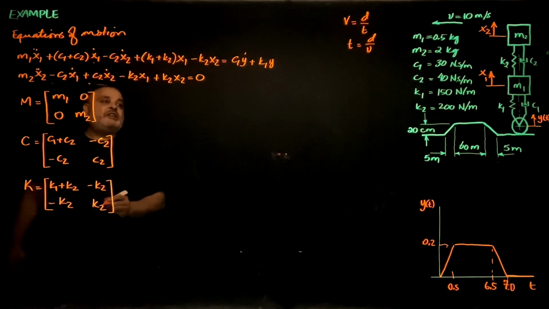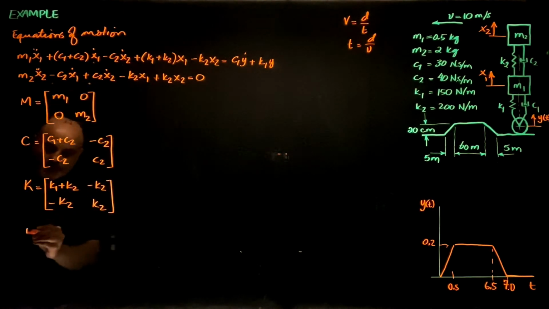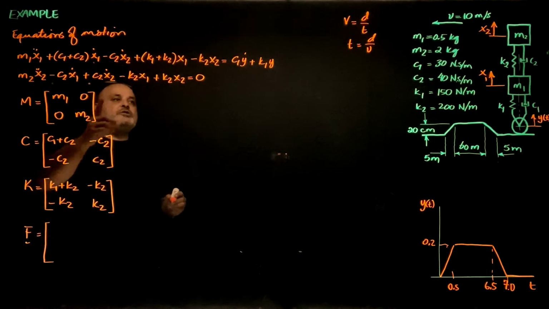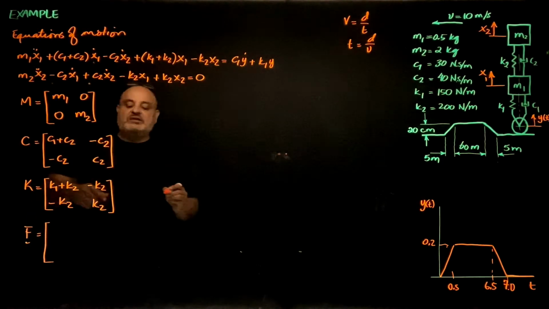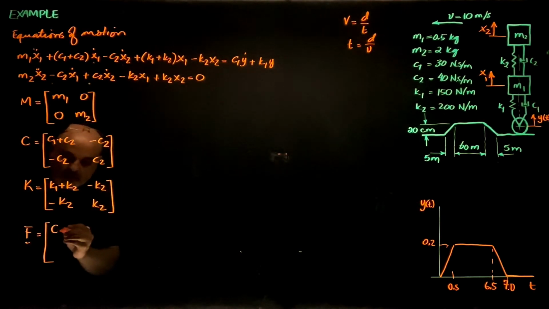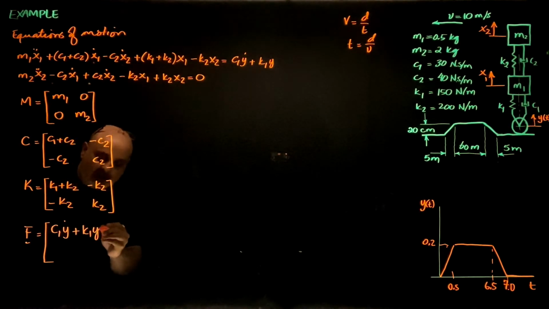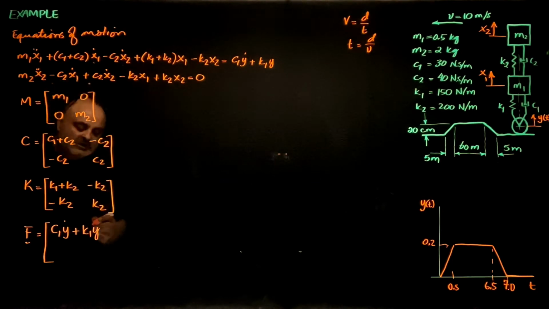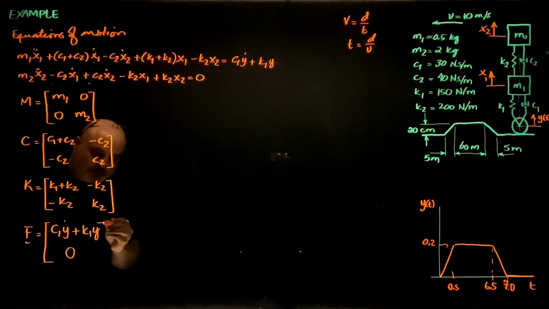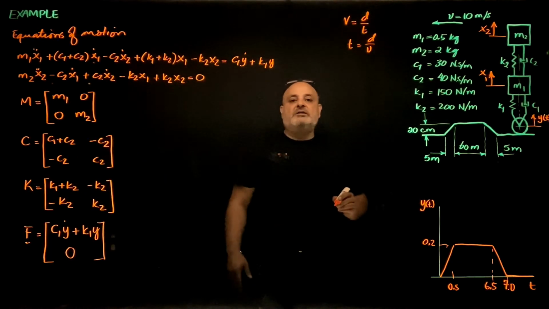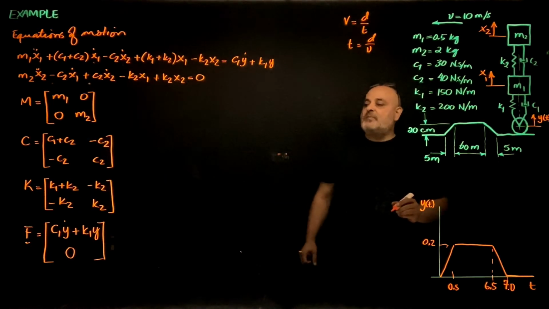The force vector F is: force in the first equation is C1 y dot plus k1 y, and in the second equation we have a 0. So now here are the system matrices and forcing vector.